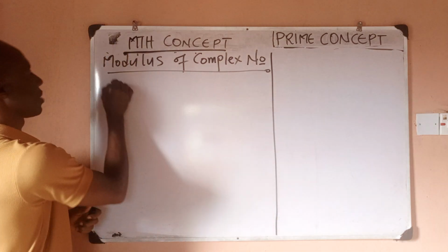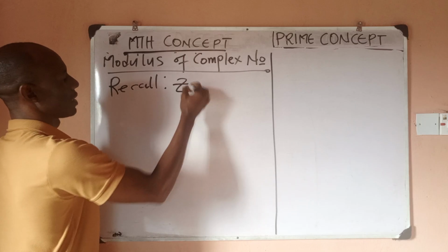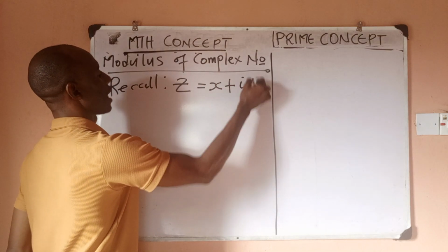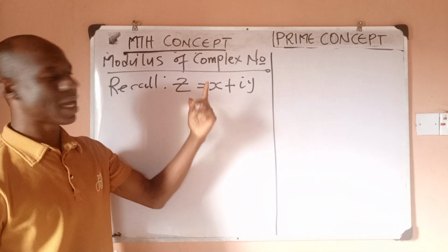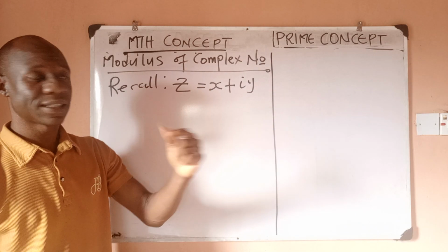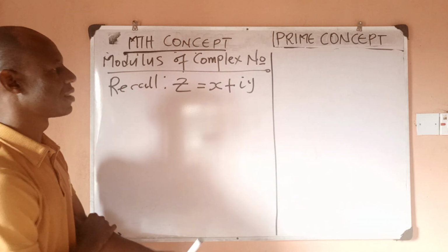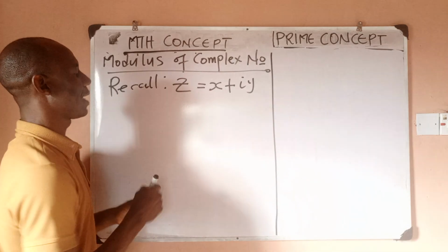First, we want to recall that our complex number we usually denote as z equals x plus iy, where x is the real part and y is the imaginary part. Now say we want to locate this on a plane which we know as the Argand diagram.